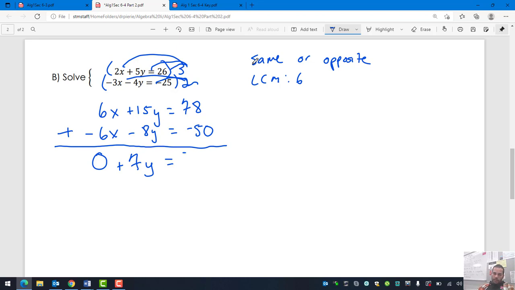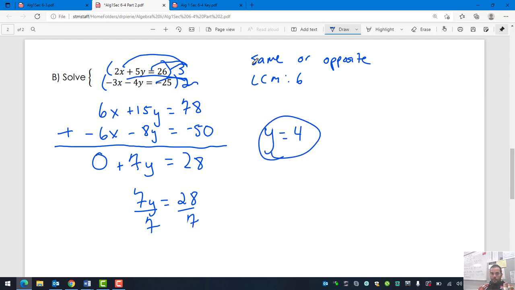So what I have right now is 7y is equal to 28, and I divide both sides by 7, and I should get y is equal to 4. Okay, a lot of work to get that first variable isolated, but once I have this, the rest is pretty easy.